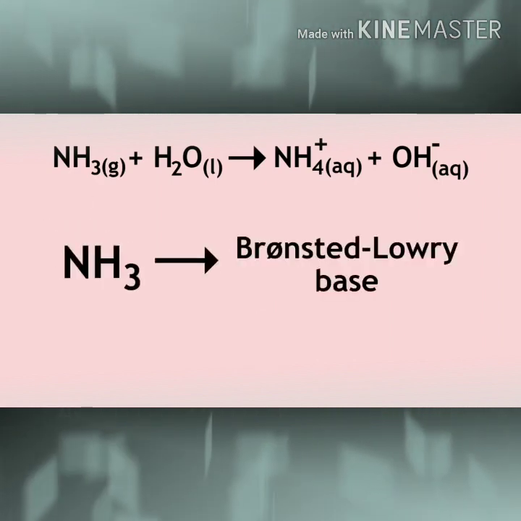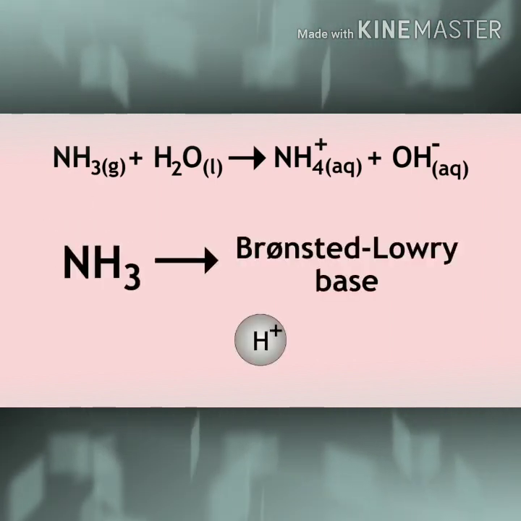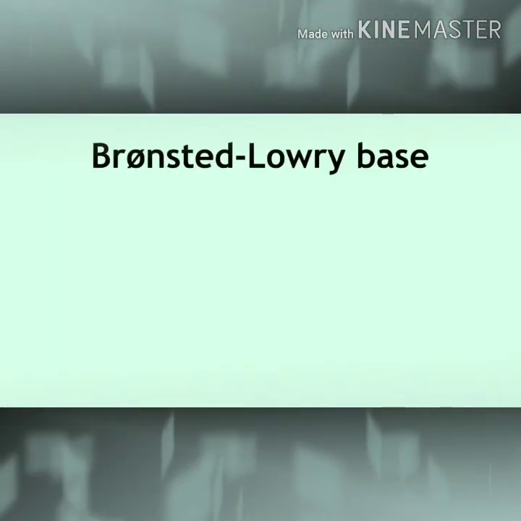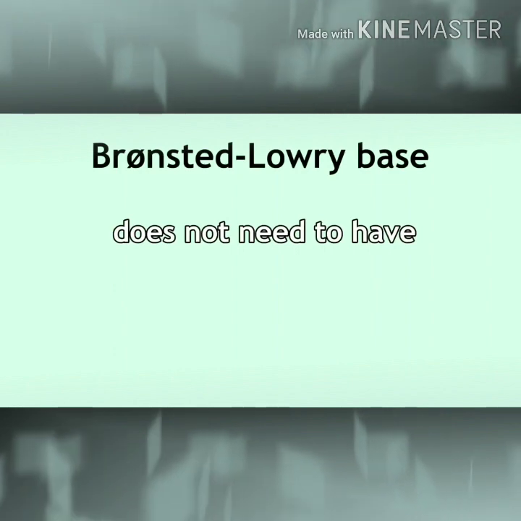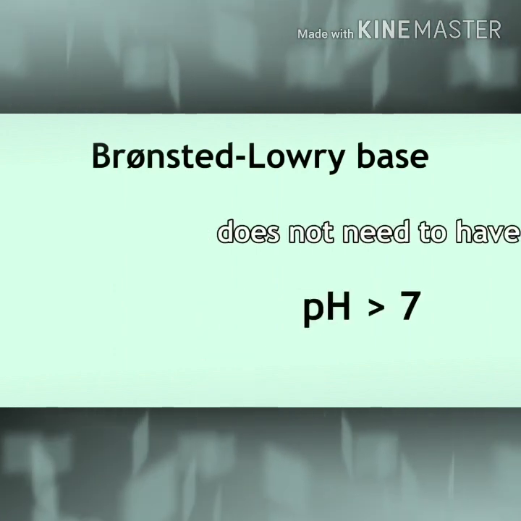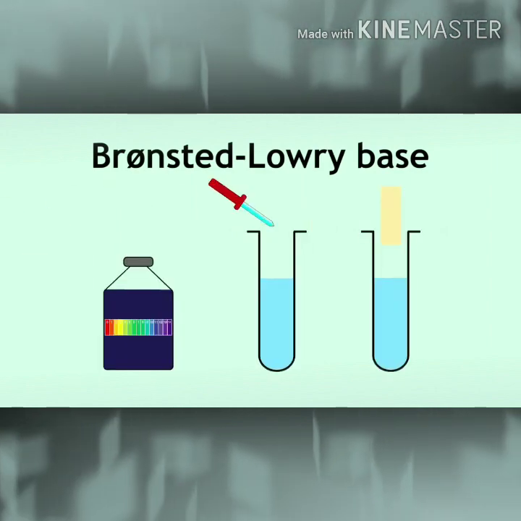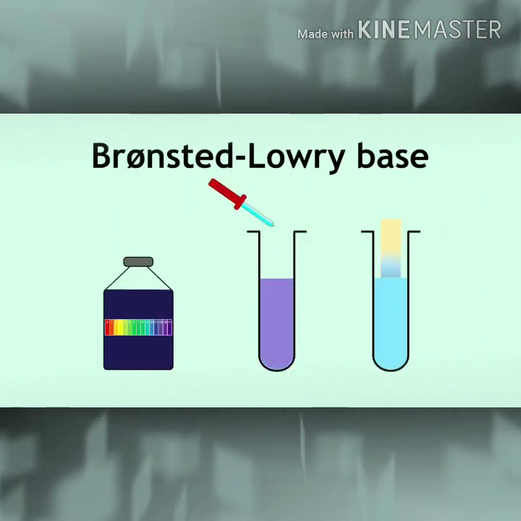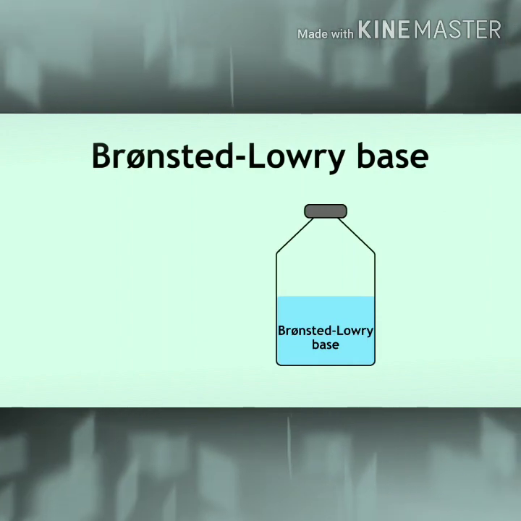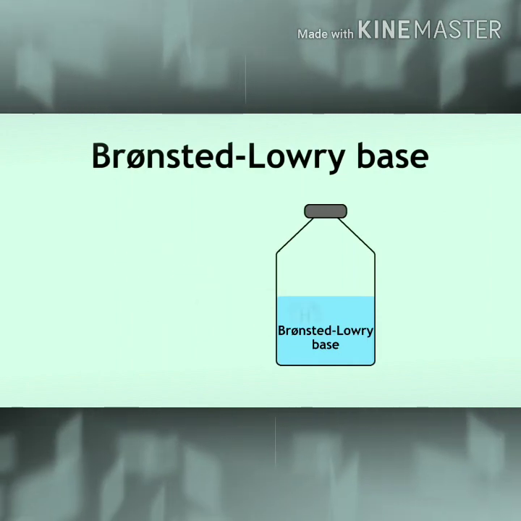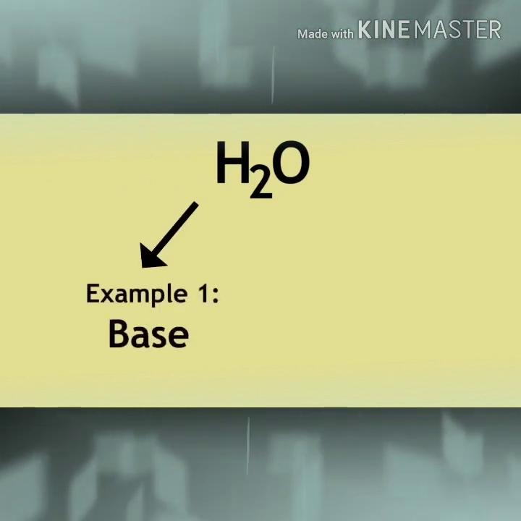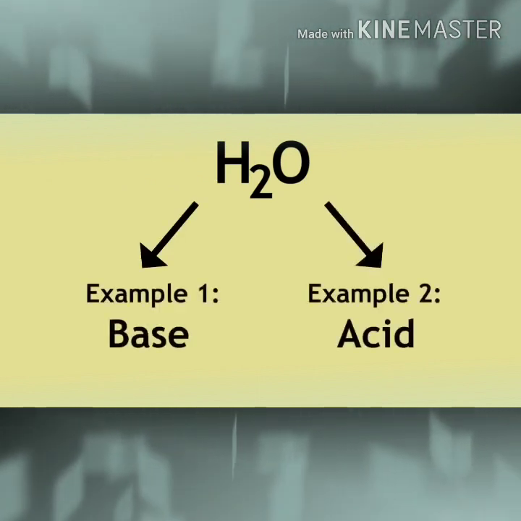because it accepts a proton. According to Bronsted acid-base theory, a base does not need to have pH greater than 7, or turn red litmus paper blue, or turn universal indicator solution blue or purple. The only requirement is that it is able to accept protons. You might have noticed water acts as a base in the first example, right?